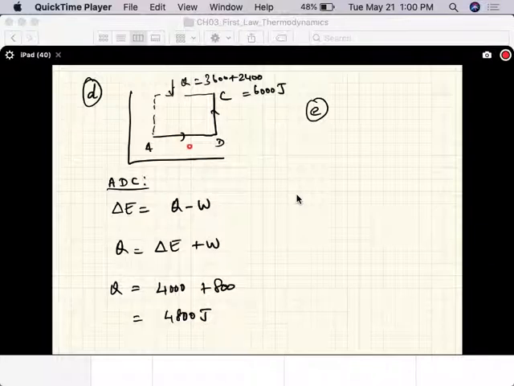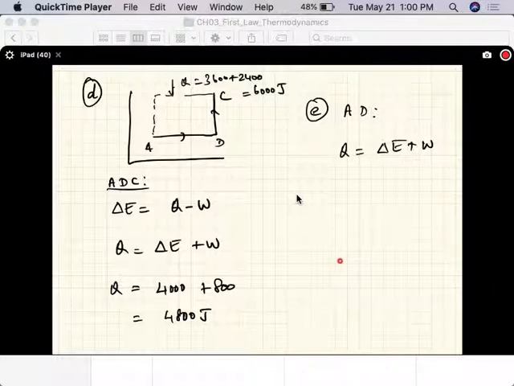We know the heat added for the entire process, and we know the work done, but we don't know the internal energy of state D. For process AD, we know the work done, but we don't know the change in internal energy.